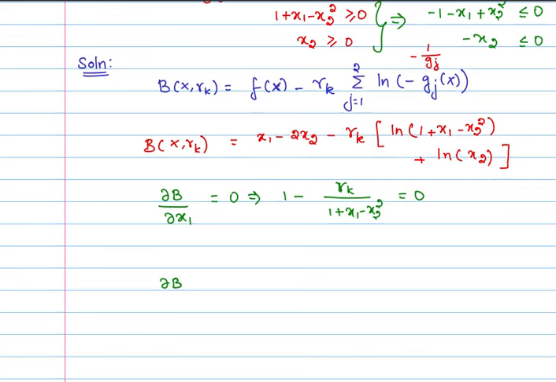So dou b by dou x2 equal to 0 implies you take the derivative with respect to x2.